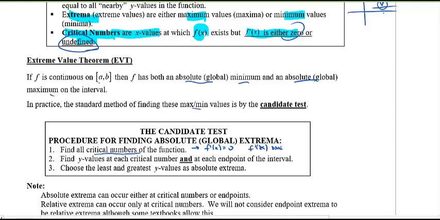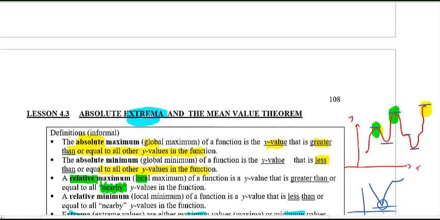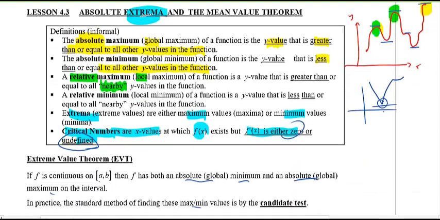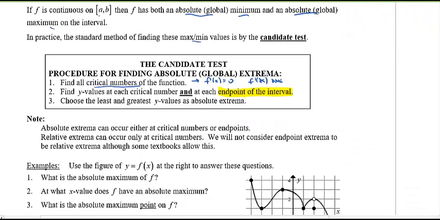And then also double check, and this is the part that people forget, the endpoints of the interval. Because quite possibly, like in our example up top here, the highest point is not one of the places where it's equal to 0, but at the endpoint. Okay? The endpoints. And then once you've done all that, just compare and choose the least and the greatest.